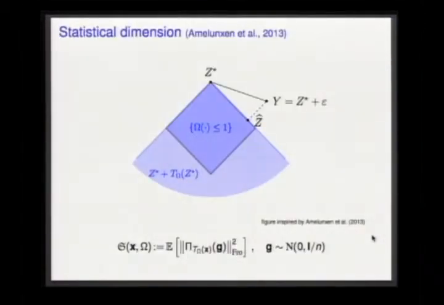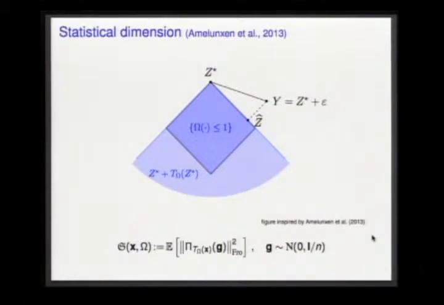So for analyzing this norm, we can use again the statistical dimension, and we are going to compute the statistical dimension of the tangent cone to the norm at a point of interest. So typically we are going to look at the atoms and look at what is the value of the statistical dimension, so the expected value of the square of the L2 norm of the projection of a Gaussian vector over this tangent cone.